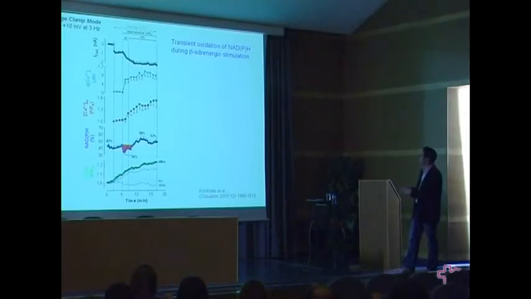We paced the cells at 3 Hz and then washed in isoproterenol at 2 different concentrations. Isoproterenol increases the amplitude of the calcium current and the amplitude of the cytosolic calcium transient, and it also leads to an accumulation of mitochondrial calcium. This is only the diastolic trace here. There is also beat to beat, but this is the diastolic accumulation.